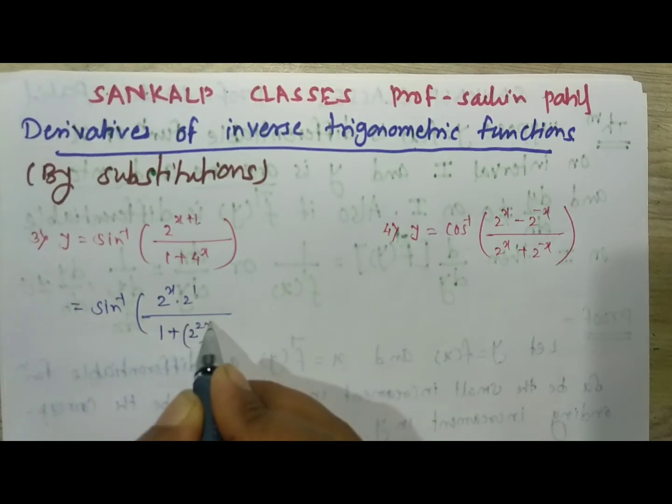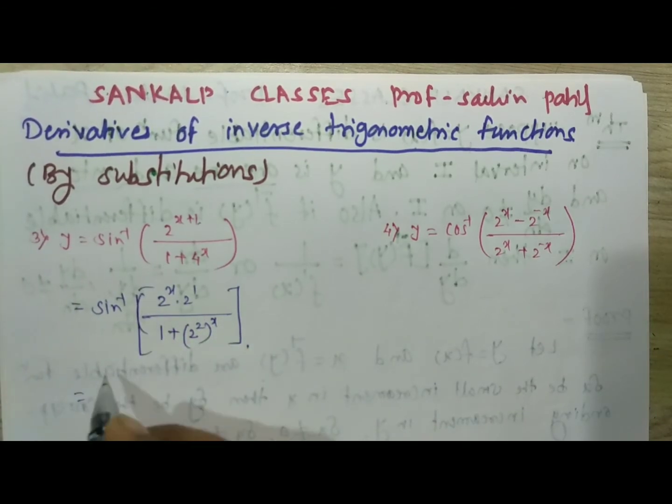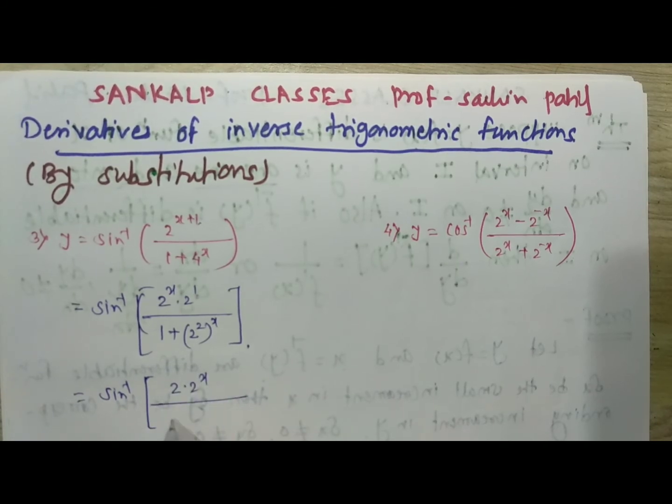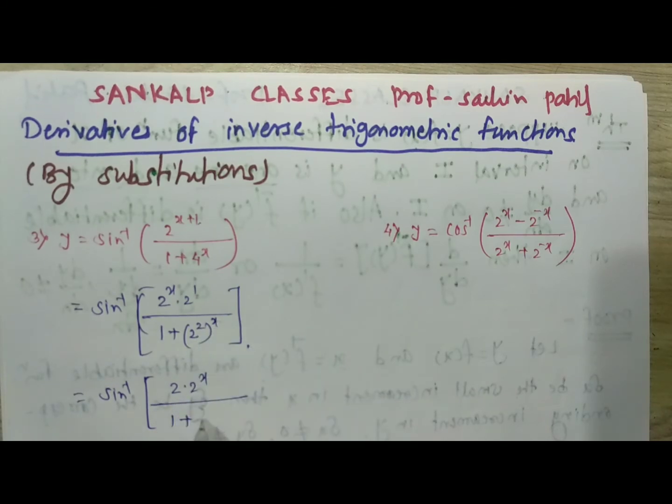we have to resemble this as 2 raised to x whole square. According to that consideration, we will get sine inverse inside the bracket 2 into 2 raised to x divided by 1 plus 2 raised to x raised to 2, and at that time it becomes a standard formula.